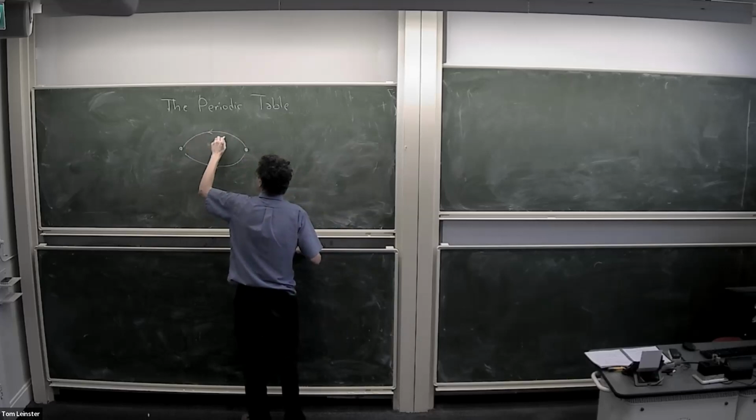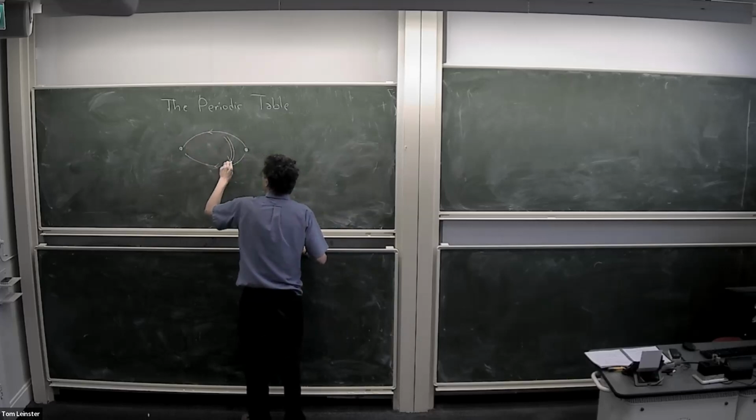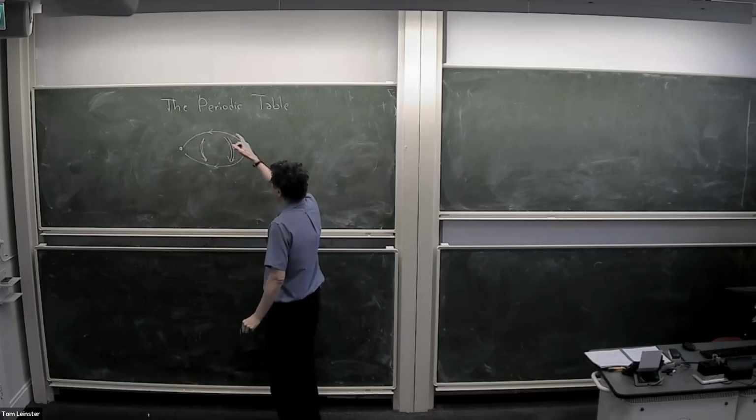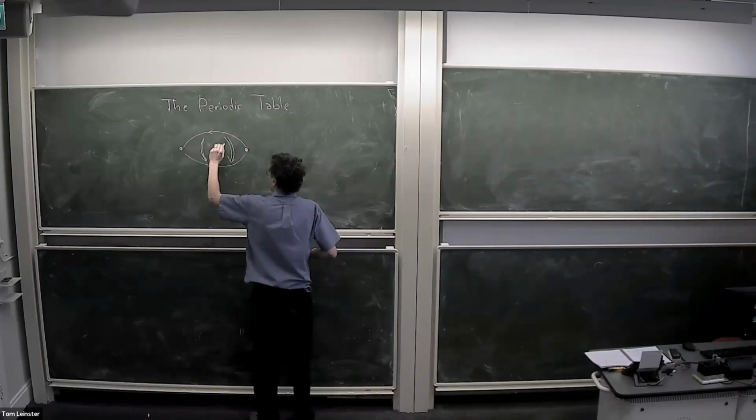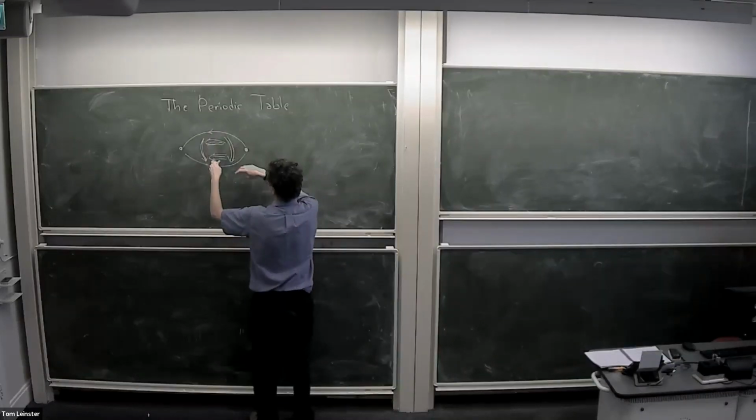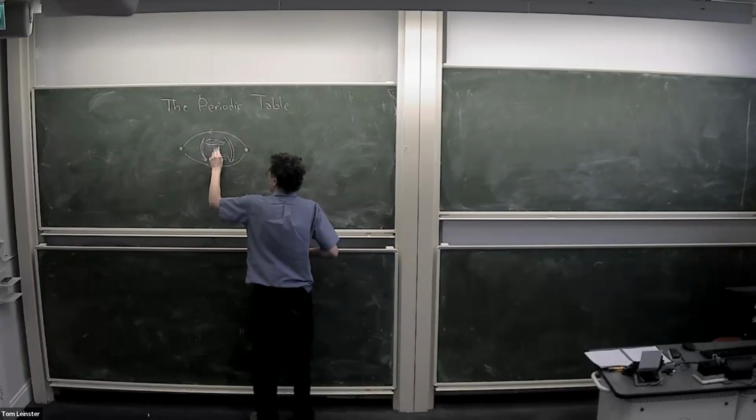And if you have at least a two category, then you can have two morphisms going between one morphisms that share a common source and a common target. And then if you have at least a three category, you can talk about three morphisms between two morphisms that have a common source and a common target, and so on.